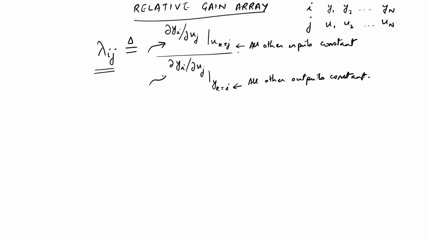The denominator would be the gain that the same ijth pairing controller would see if all other controllers were on. That means all other controllers on, and this corresponds to all other controllers off for the numerator.